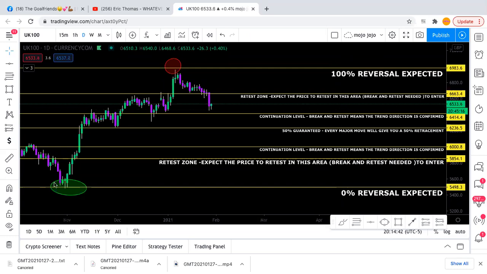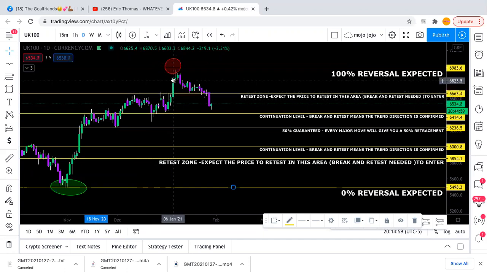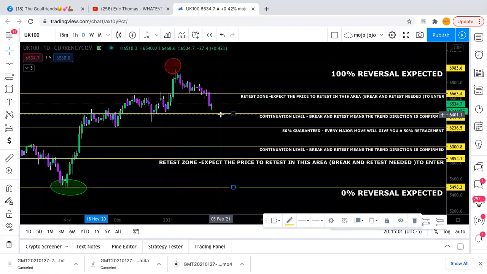So if you notice, when it left this level, it traveled to this level and then it retested. When it left this level, it traveled to that level and then it retested. It left this level, traveled to the next level, and then it retested.